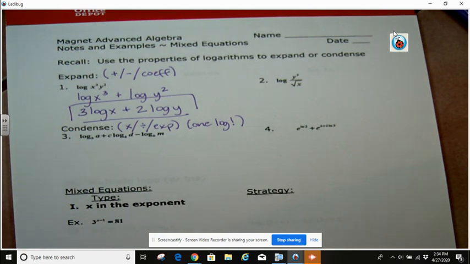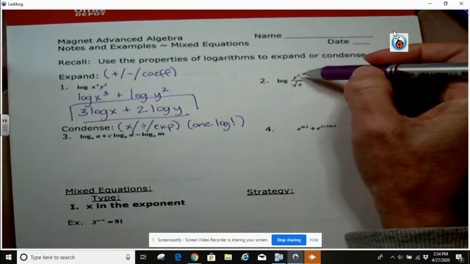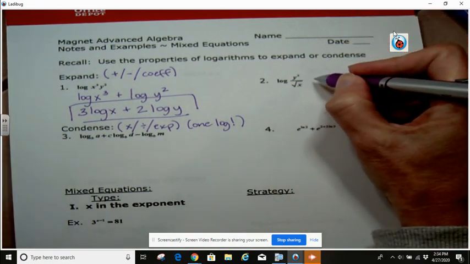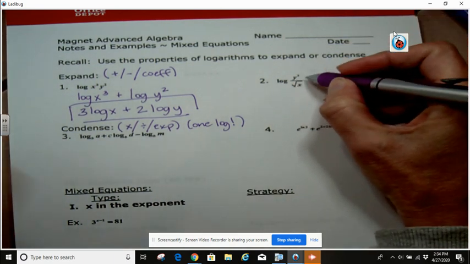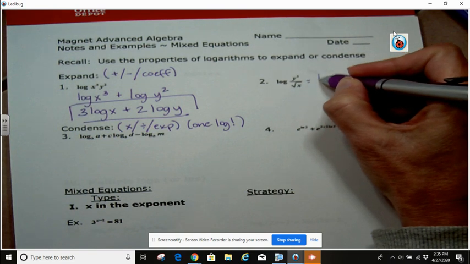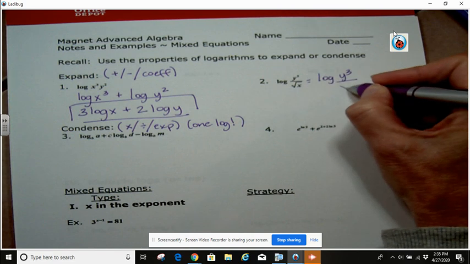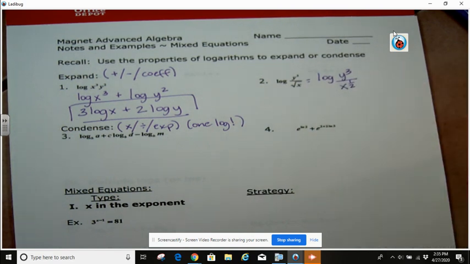For number 2, I have a quotient. And then recall that we don't have any properties that address what to do with radicals. So before I even get started, I'm going to rewrite the square root of x as x to the 1/2, because I do have properties that tell me what to do with exponents. I do not have properties of logs that tell me what to do with radicals.